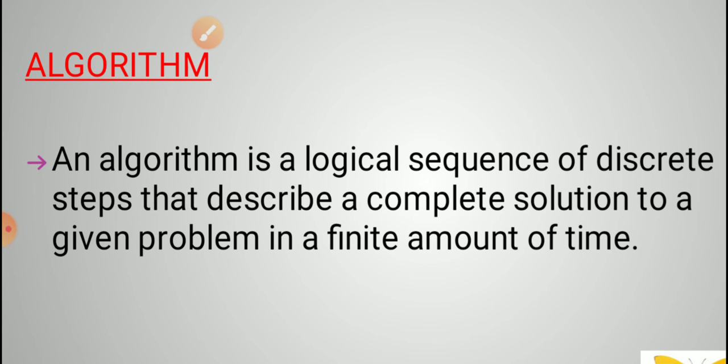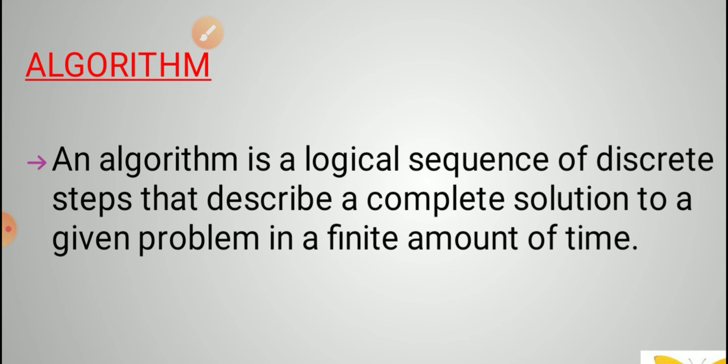Then third, we write the program. So first, to solve a problem we analyze and write the solution in finite discrete steps, and then convert the algorithm into a flowchart using the symbols. Then finally you can start writing the program using any computer language.